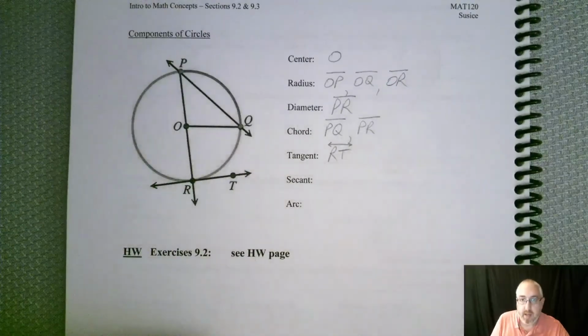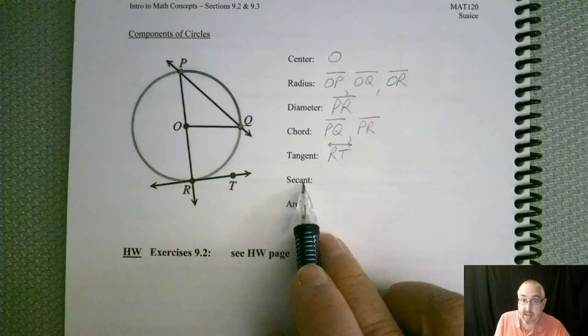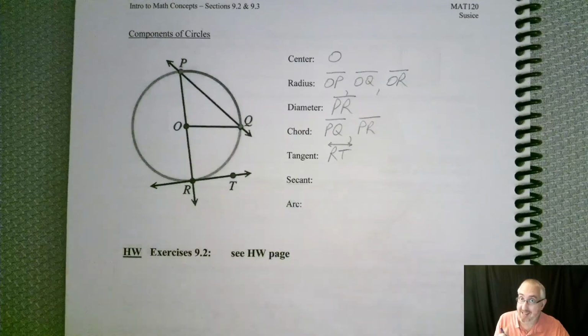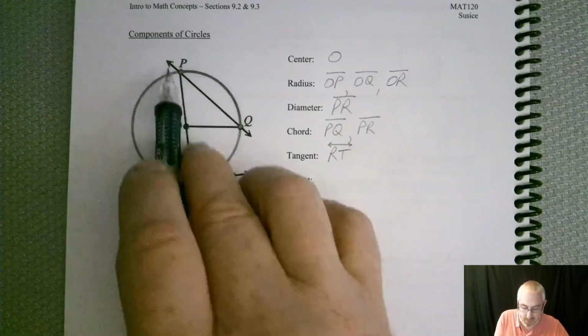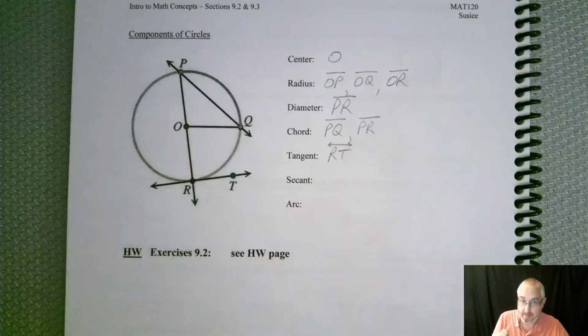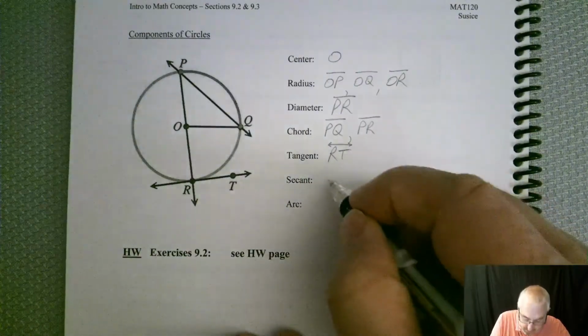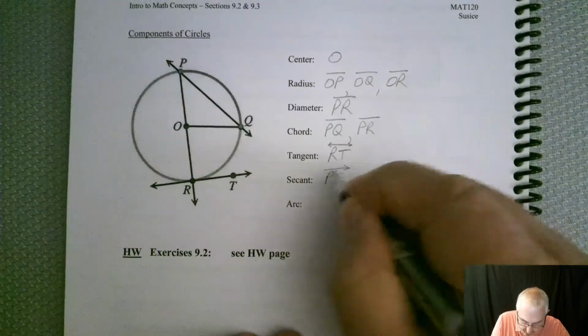So RT, or TR, is going to be that line. Okay, that's the only one. A secant, by definition, is a line that hits the circle in 2 points. Yeah, so there's only one. And now we do want those arrowheads on there because we want it to be a secant. So PQ, and we got to have those arrowheads.